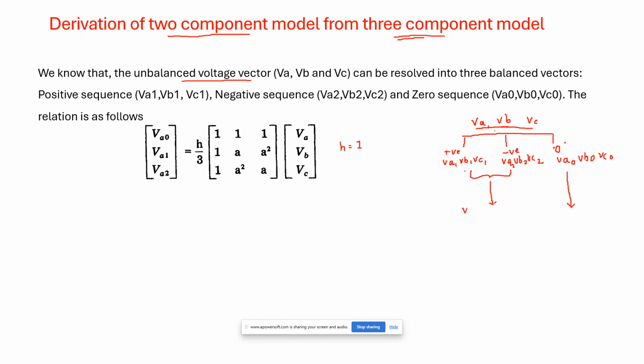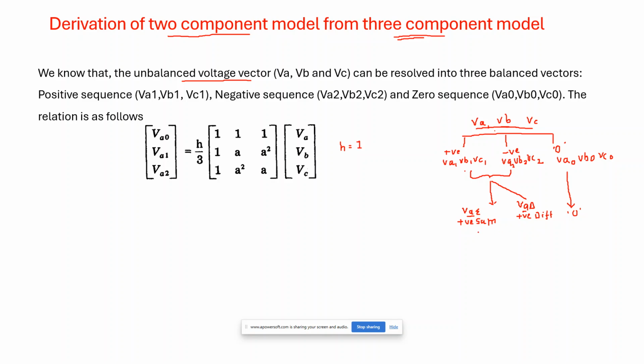One is called VA summation, called the positive sum, and another is VA delta, called the positive difference, and this is, as usual, the zero sequence component. So we have VA0, VA summation, and VA delta.